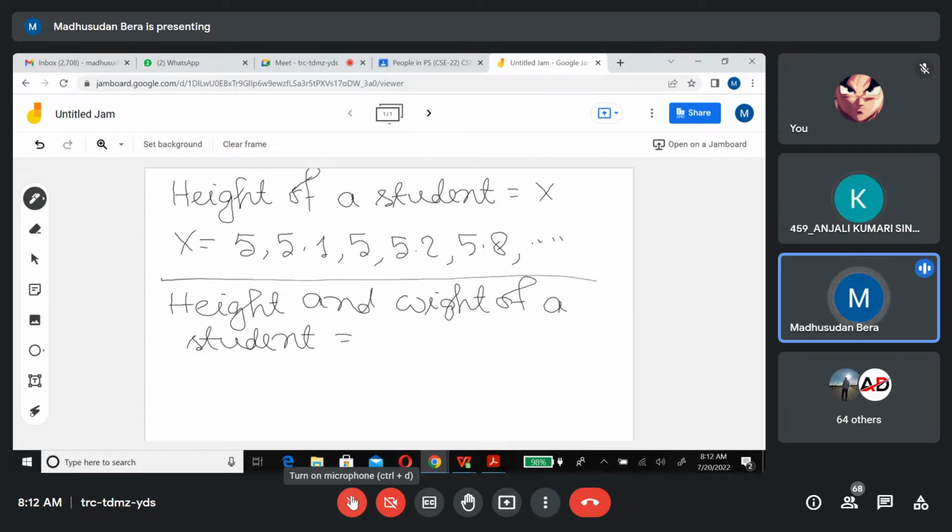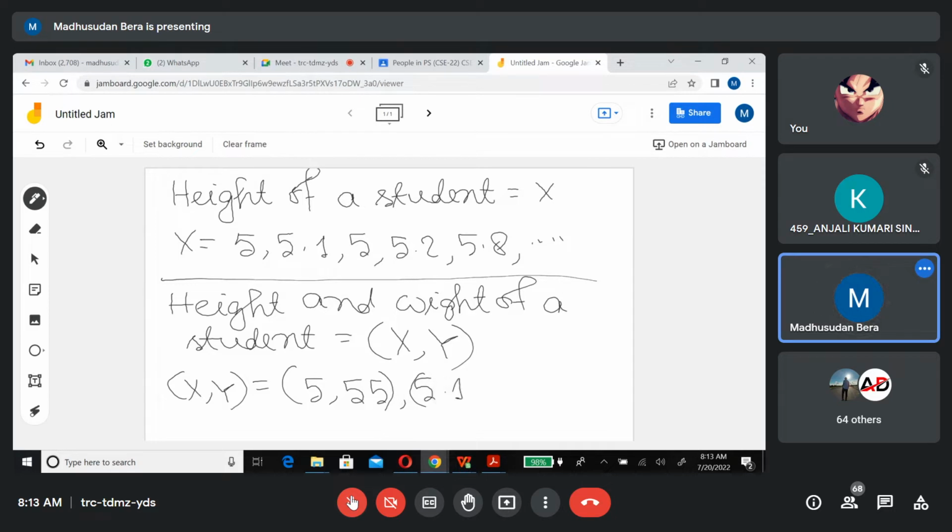Two variables. Suppose x is the height, y is the weight. Then x and y take values. Suppose for 5 feet it is say 55 kg. Suppose for 5.1 it is 58. That way we can enlist it. So depending on the number of variables, we can classify the data.